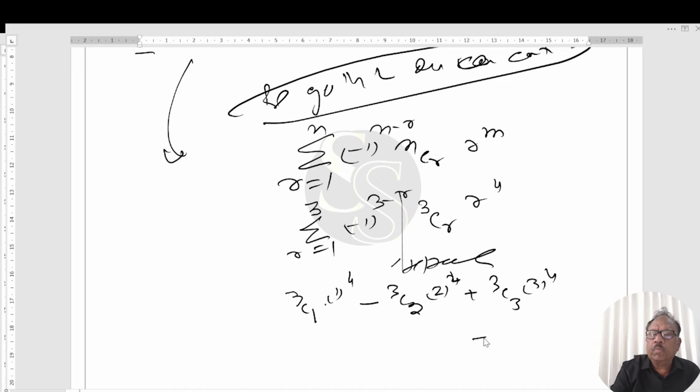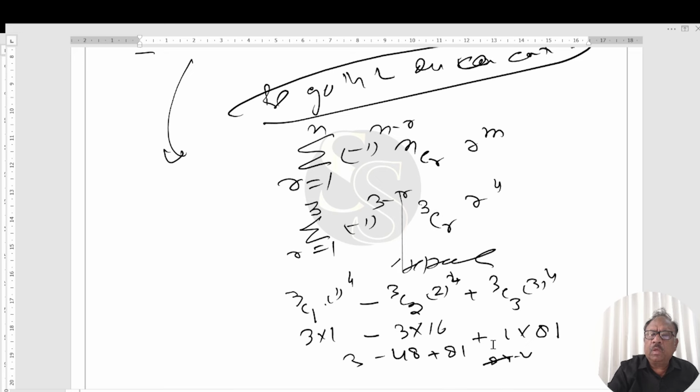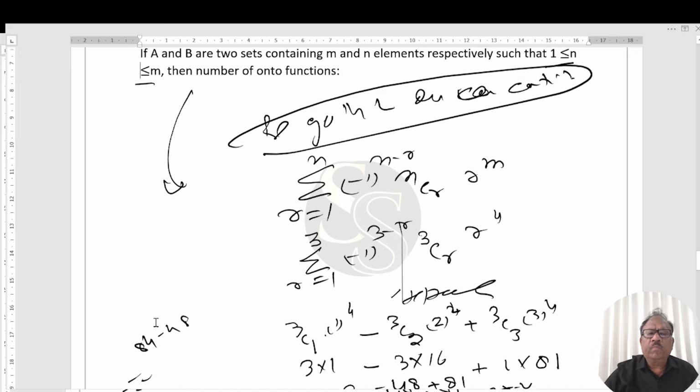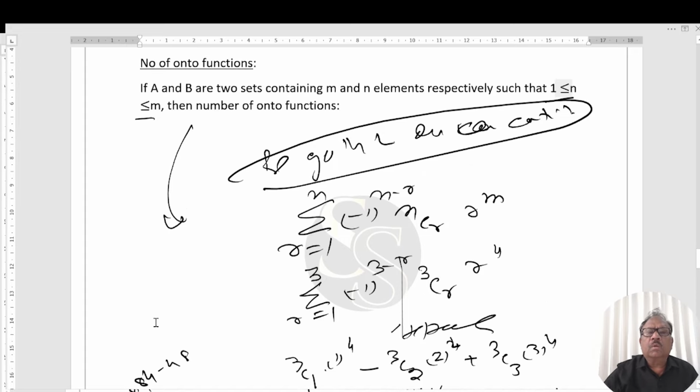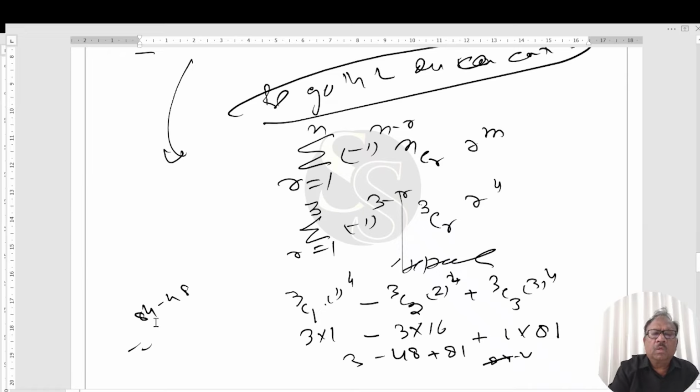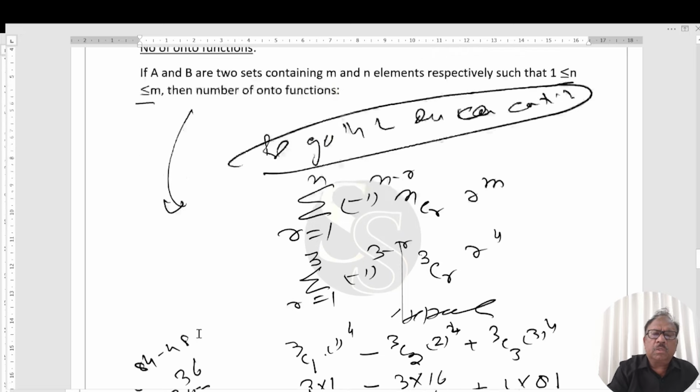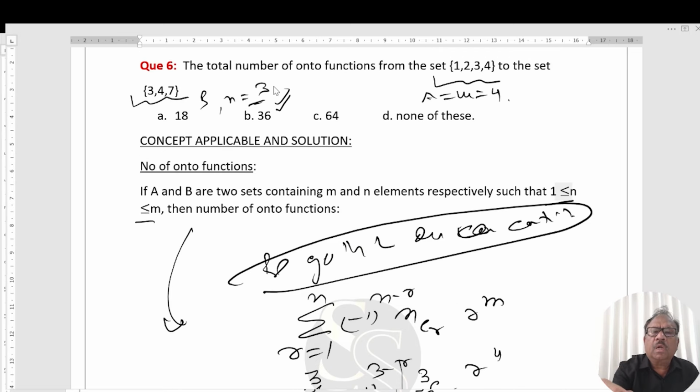On further simplification we get 1 into 81 minus 3C1 into 3 minus 3C2 is 3 into 16. 3 minus 48 plus 81, that is 84 minus 48. That comes out to be 36. 36, right? That is the answer. B is the correct answer.